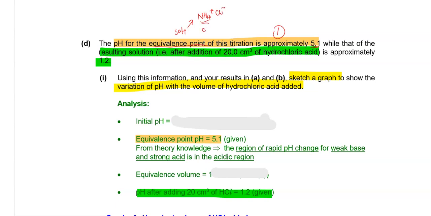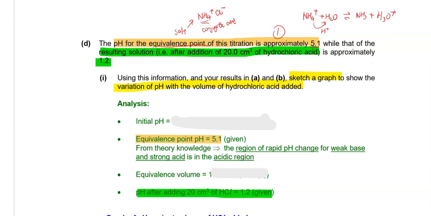NH4+ is the conjugate acid. So when you have NH4+ in solution, in the presence of water, it's going to donate a proton because it's functioning as a weak acid. You have NH3 plus H3O+. Let me just write this properly.